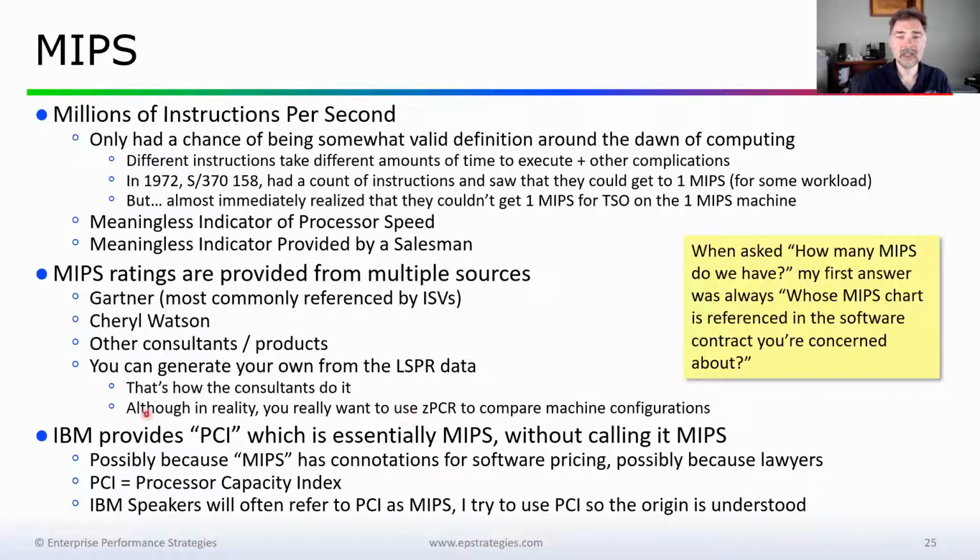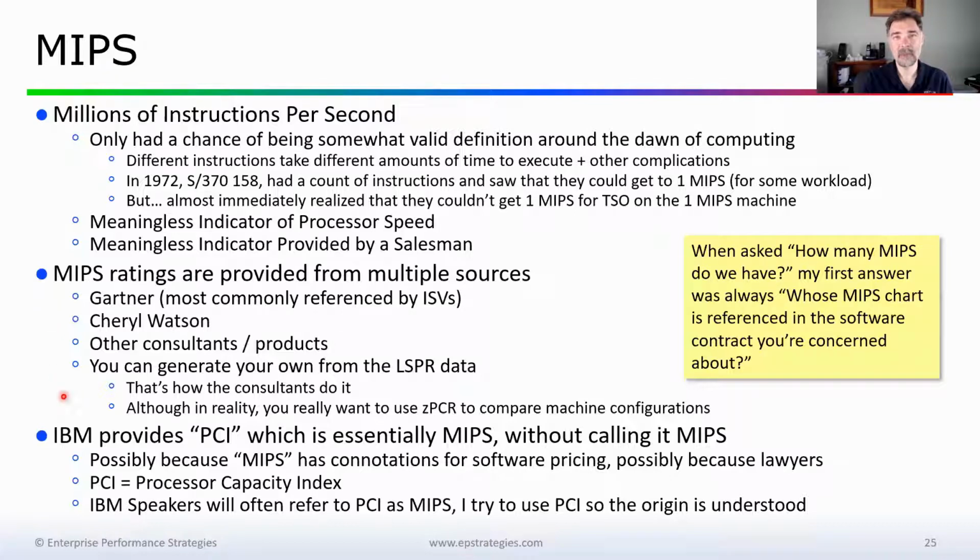Okay. And then finally, of course, IBM provides something called PCI, or Processor Capacity Index, which is really just MIPS by any other name. So why don't they call it MIPS? Probably because they don't want to be dragged down into the software pricing discussions with the ISVs, because the ISVs often will use this capacity. They will write the contracts in terms of MIPS.